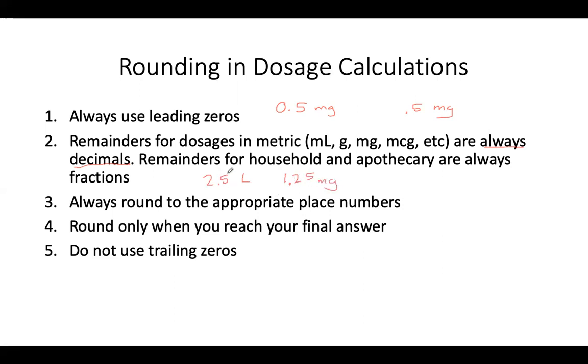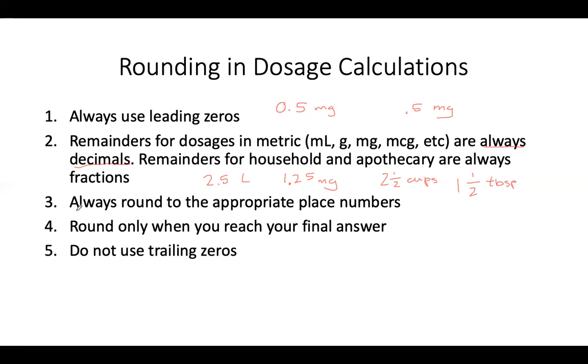You're always going to have your remainders in a decimal form. If you're using household and apothecary measurements, the remainders are always fractions. So for example, 2 1/2 cups or 1 1/2 tablespoons. So for those things, you're always using a fraction as the remainder.